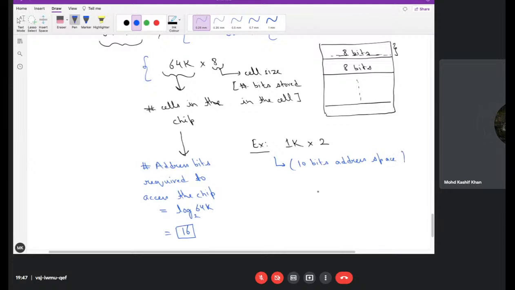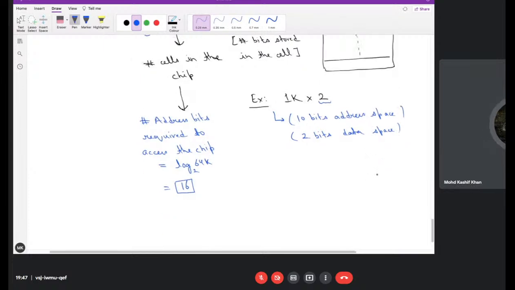And in each cell there will be 2 bits. Always remember this is in bits, not bytes. So 2 bits data space. In this way they ask the question: the address space and data space. So 10 bits address space and 2 bits data space.